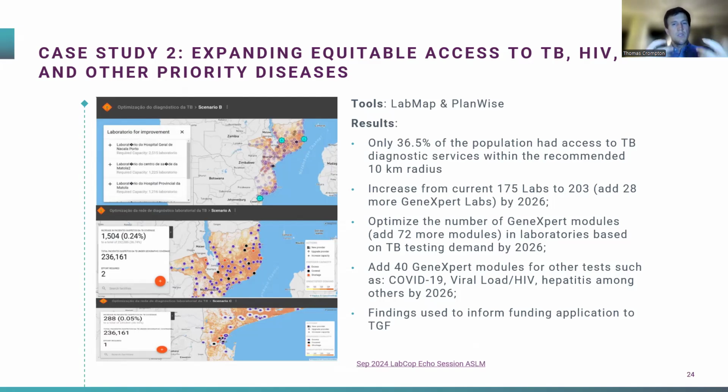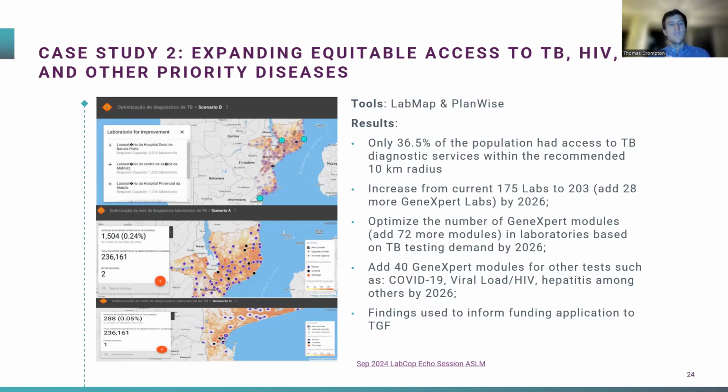And so their interpretation of that was to increase from the current 175 labs to 203 by adding 28 more GeneXpert, and optimize these GeneXpert modules based on the TB testing demand, and then also add in another few GeneXpert modules for other tests such as COVID and viral load, hepatitis, among others.